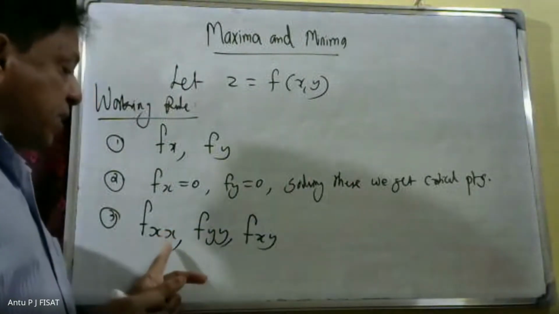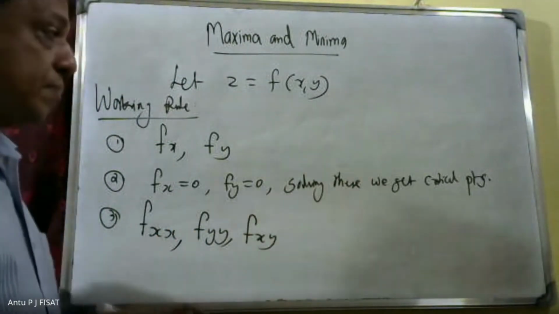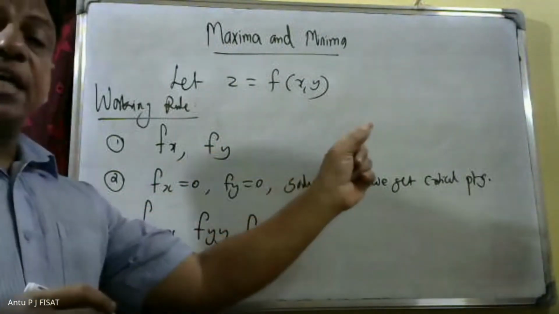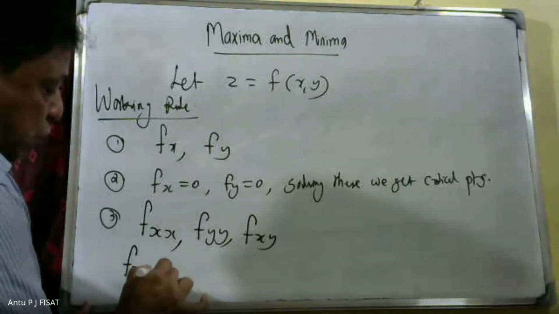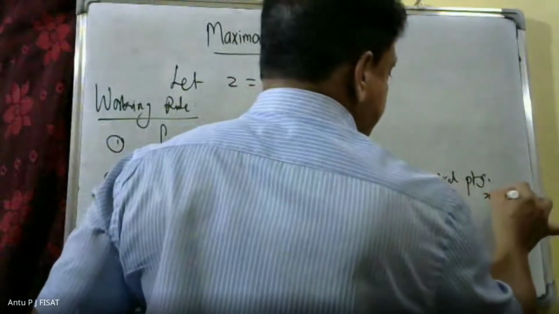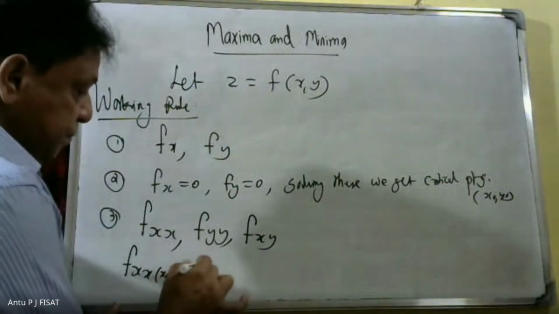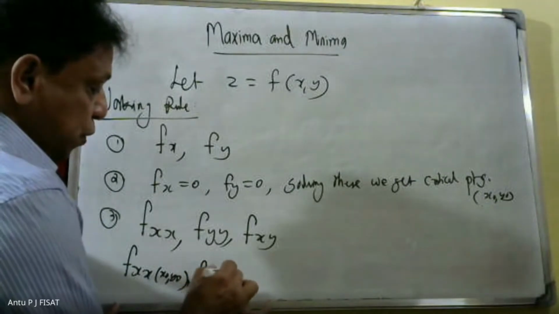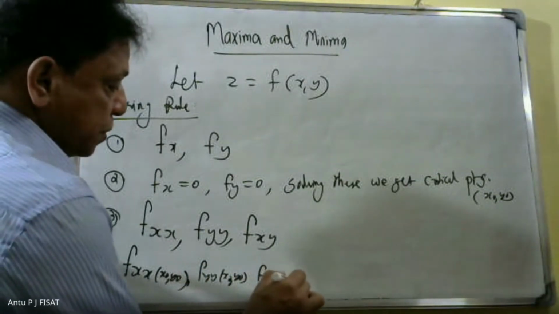So calculate fxx, fyy, fxy. Then substituting the critical point in this, we get fxx(x0, y0), where x0, y0 is a critical point, then fyy(x0, y0), fxy(x0, y0).